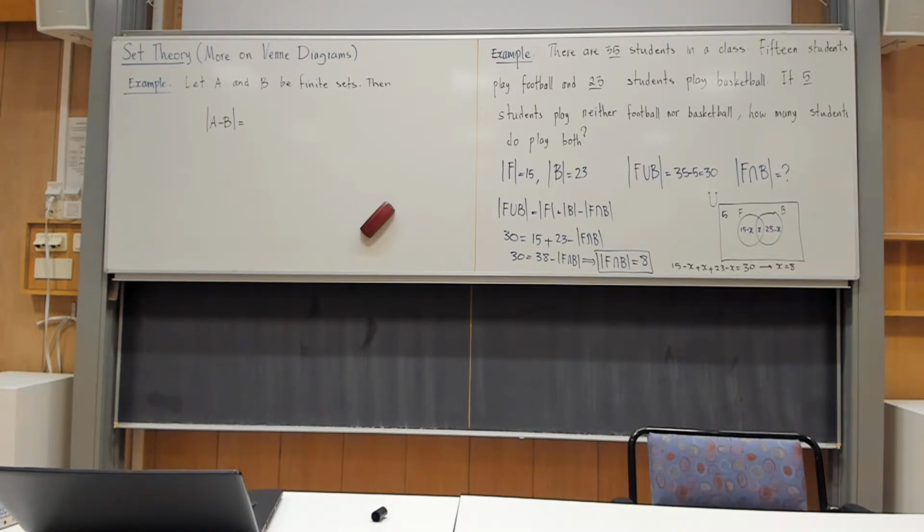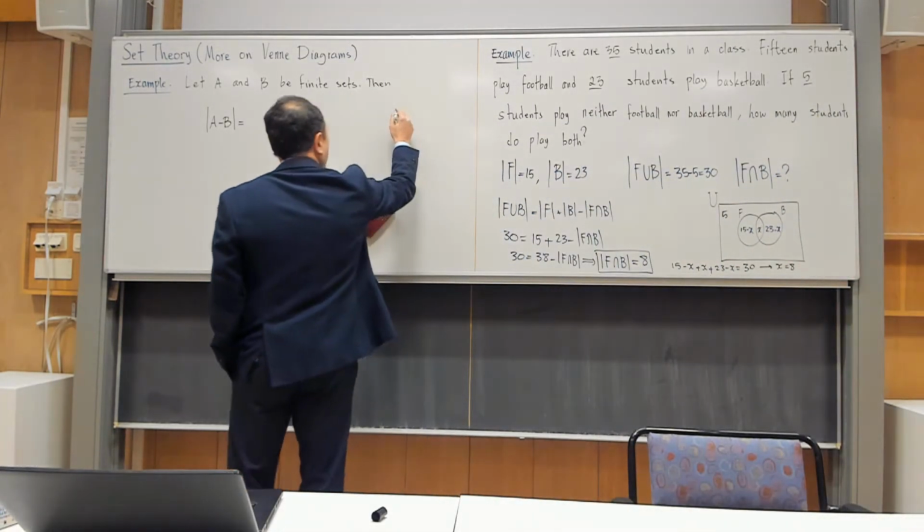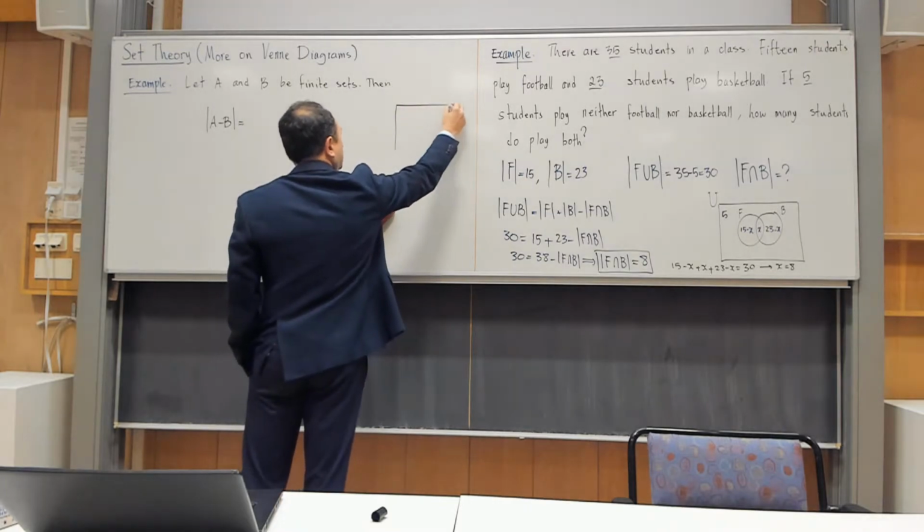Just imagine, yes? The cardinality of A minus the cardinality of A intersection. Yes, exactly. Why you are hesitating?